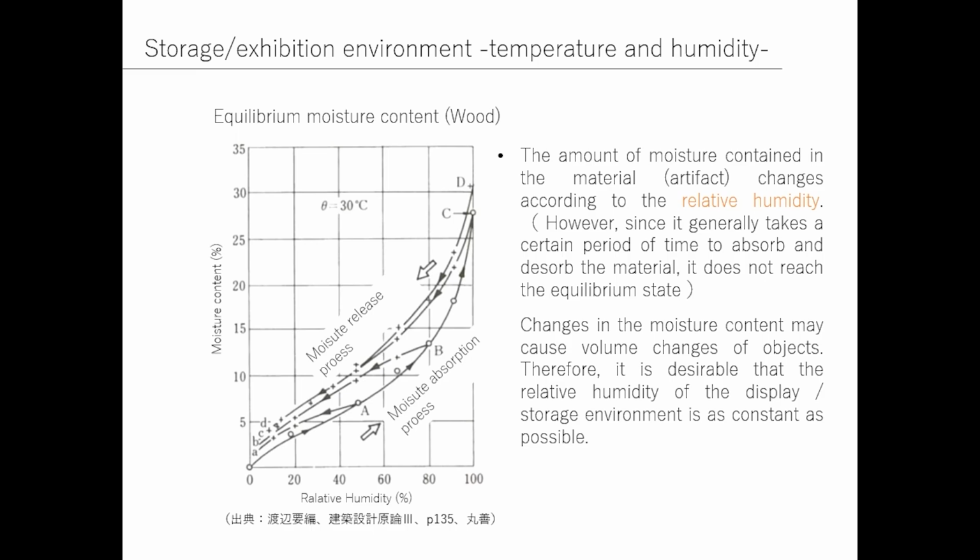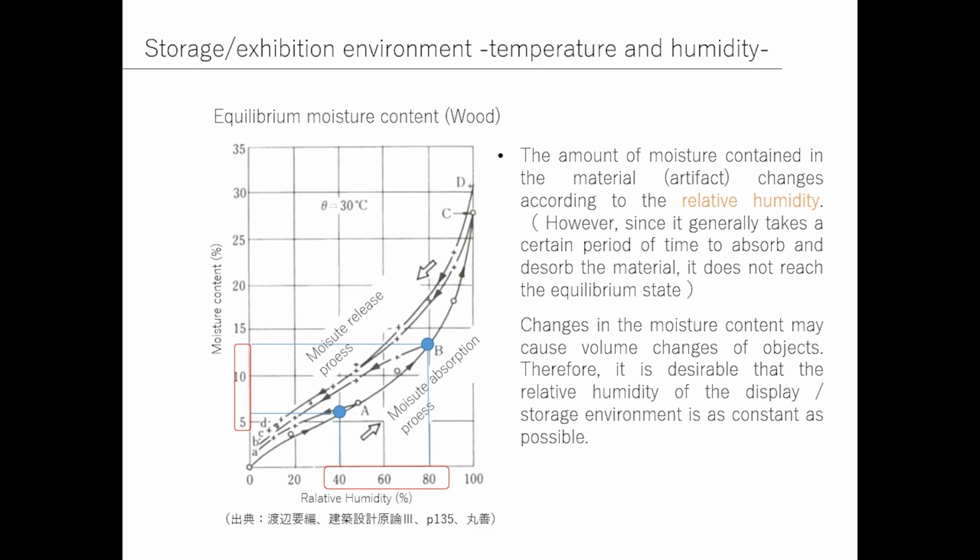For example, suppose a storehouse has an environment that is easily ventilated with outside air and has a relative humidity that varies from 40% to 80% over the course of a day. In this case, the water content of wooden artifacts in storage will change from approximately 6% to 13%. Along with this, the wooden artifacts undergo a change in volume due to the change in water content.